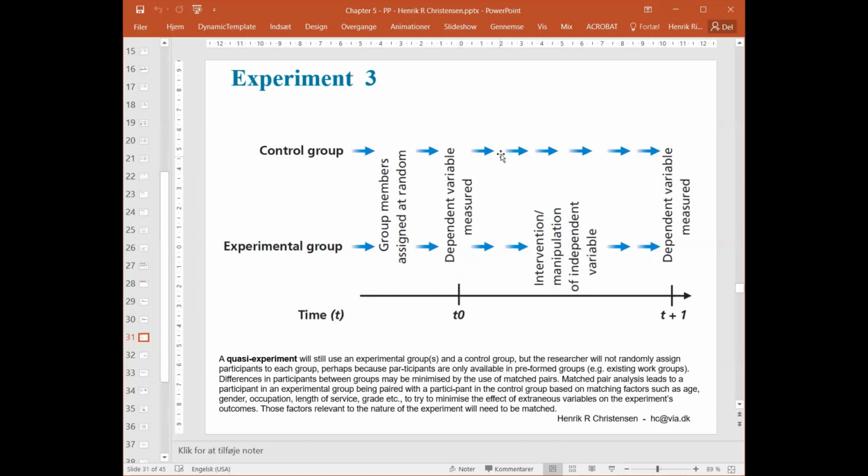But as you can see, we are measuring the control group, we are measuring the experimental group, then we introduce free lunch in the experimental group, and then we are measuring again at this point of time. And that means that we can now figure out if the experimental group have actually improved their satisfaction.